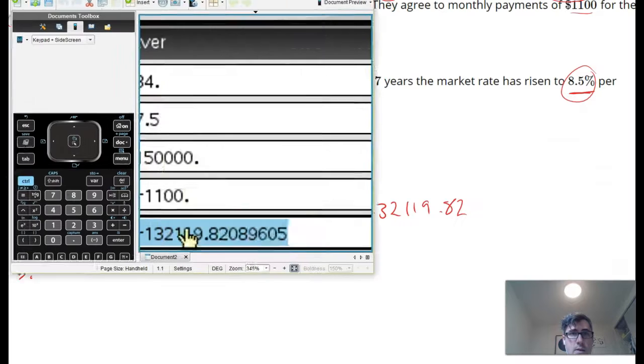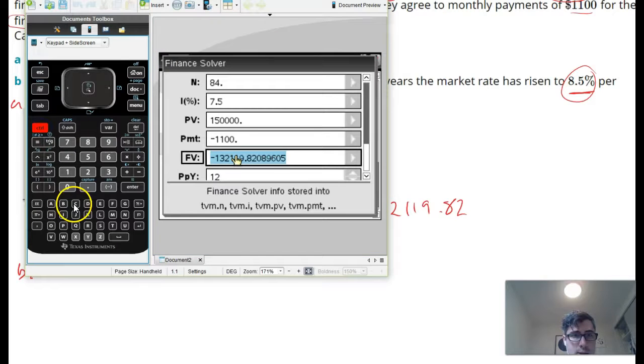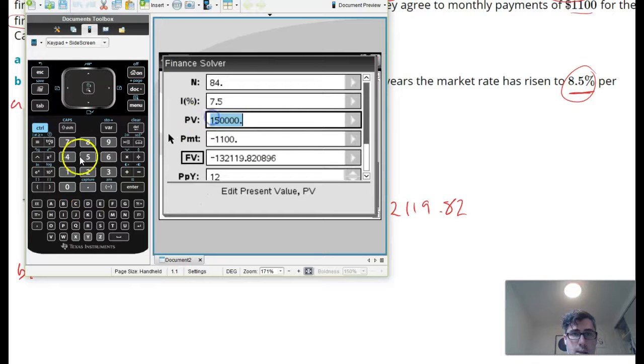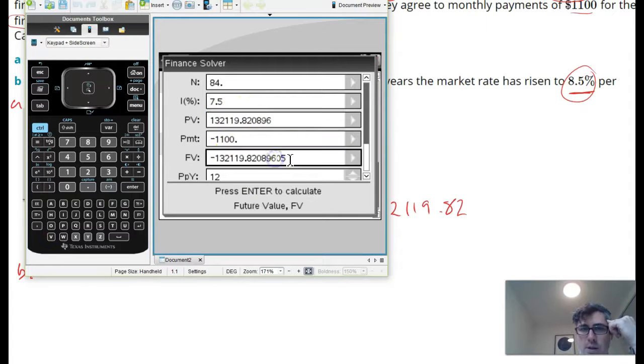We're going to use Control and C, and paste that into the PV because this is like the starting point, and it's still in their bank, so it should be positive. I know this can be confusing, but even though it says negative future value, meaning that it's owed to the bank, when we put it in the principal you want it to be positive because it's still in their bank.